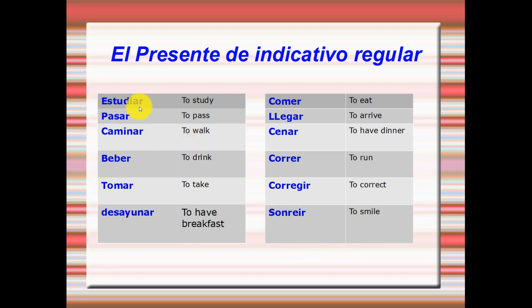So as you can see, you have here verbs from the first group, the second group, and the third group. So try to conjugate them to practice, and if you want, write in the comments one of these verbs conjugated, and I will correct it for you.